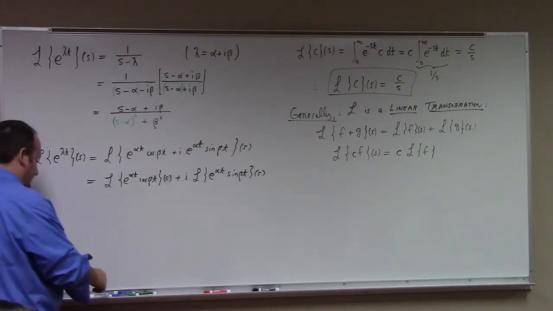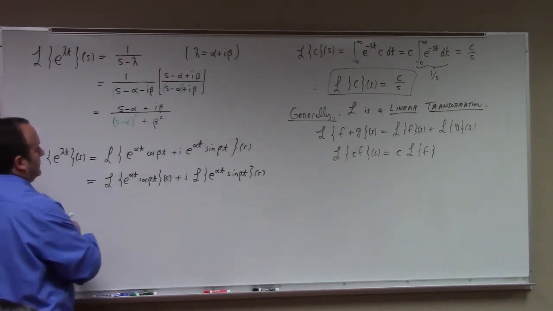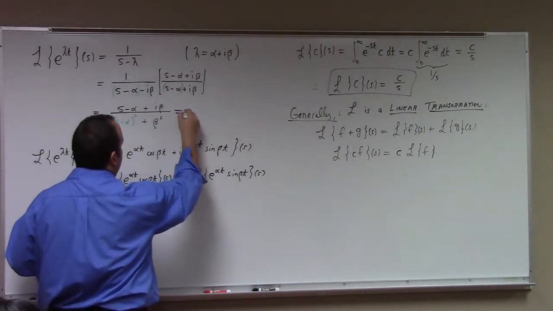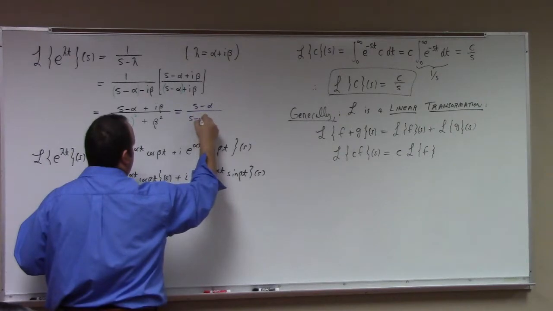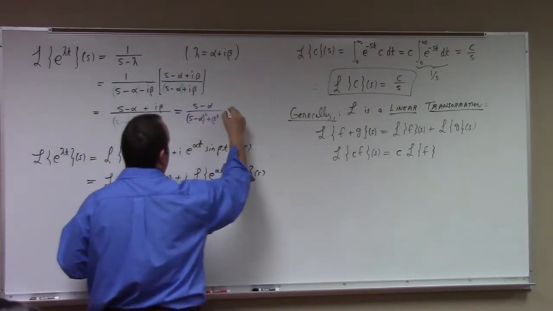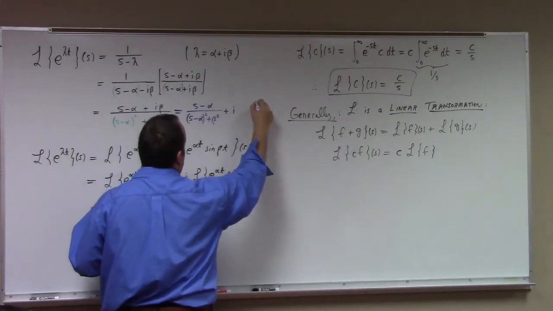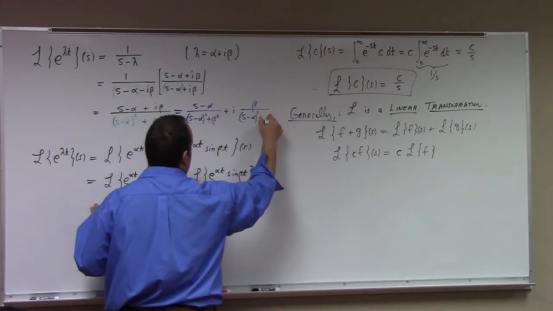Now, let me just write the step above it a little bit more. Just to be clear, we can express this as (s minus alpha) over (s minus alpha) squared plus beta squared, and then plus i times beta over (s minus alpha) squared plus beta squared.